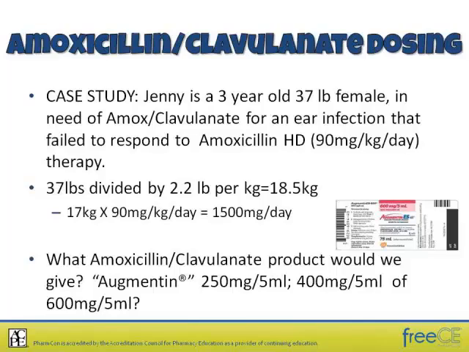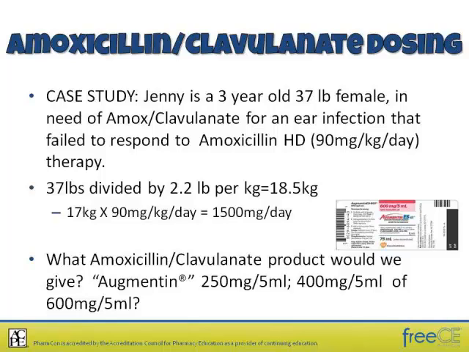Let's do a quick case study discussion about amoxicillin-clavulanate dosing. Here's our case study. Jenny's a 3-year-old, 37-pound female, and she's in need of amoxicillin-clavulanate for an ear infection that failed to respond on amoxicillin HD 90 milligrams per kilo per day therapy.